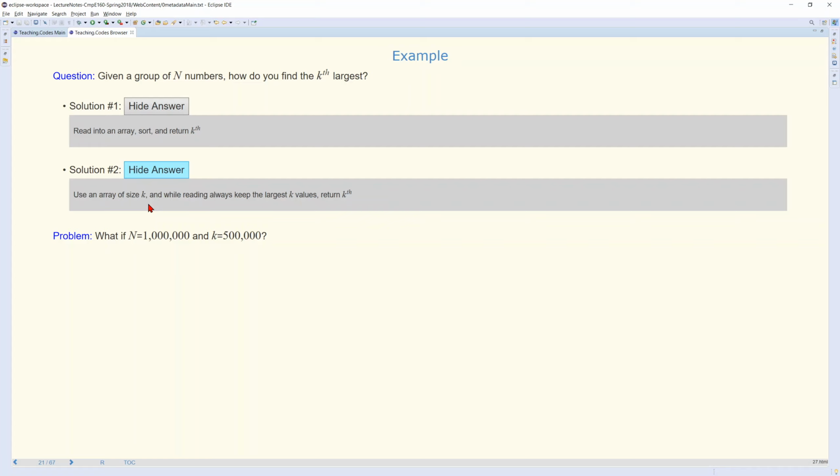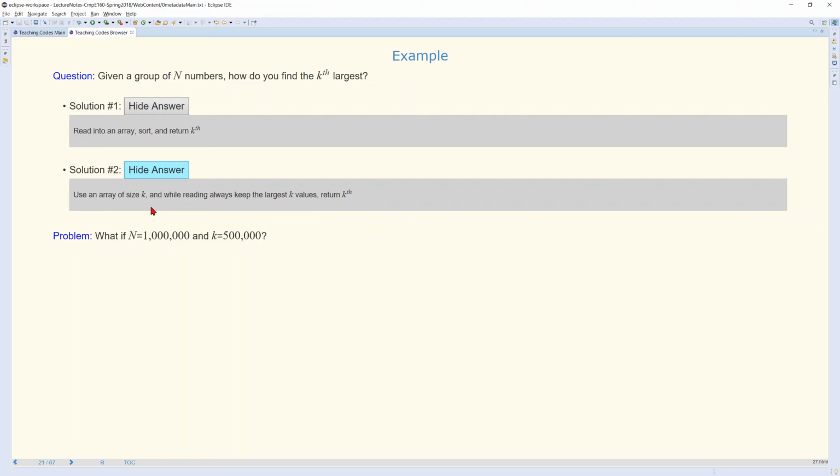You have space to keep only the largest k values, so you keep them. By the time you have read all of the input, you will have lost all the values after the kth largest, but you don't care about them. So just return the last element in the array, which will be the kth largest element.